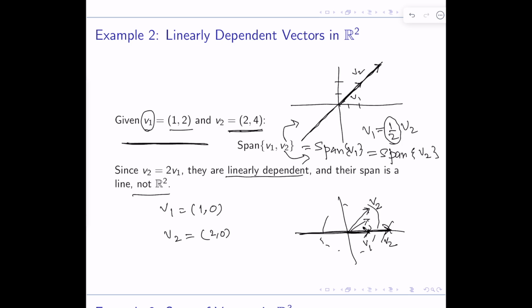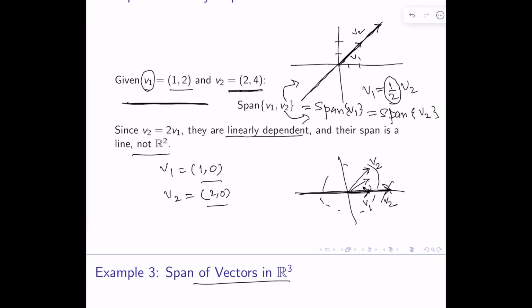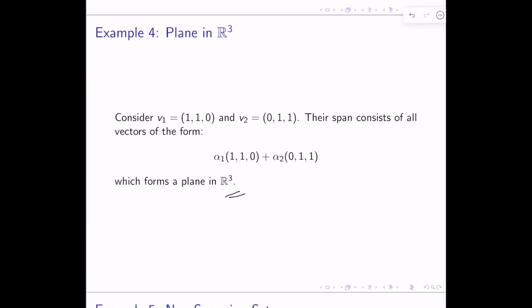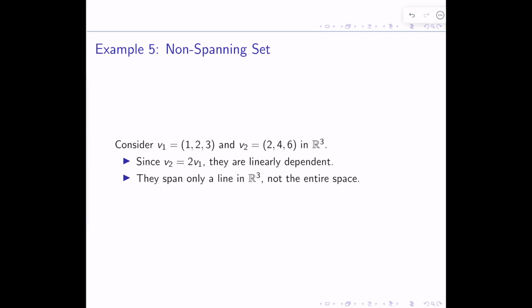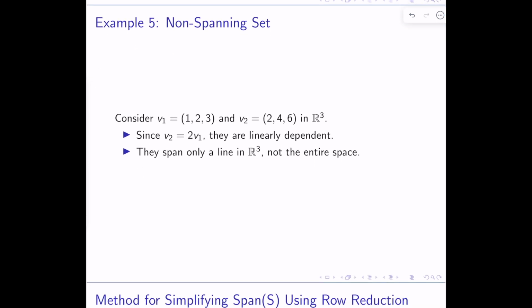So since span is not unique, we can also claim that basis is not unique, right? Any vector space can have more than one basis, because of this span criteria. And then a non-spanning set, because the vectors are linearly dependent, cannot span the entire R3.